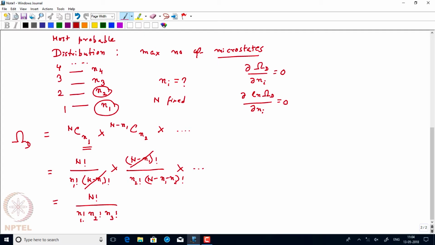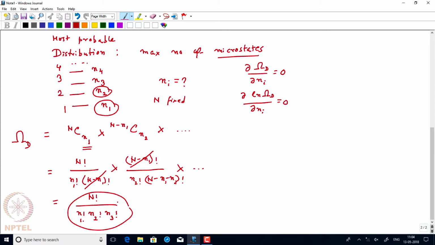If I use the logarithm, then you can write the logarithm of N factorial and use something known as Stirling approximation. In the denominator, it is a logarithm of many numbers, N1 factorial into N2 factorial, so you can write it as a summation, because log of a into b into c is log a plus log b plus log c.